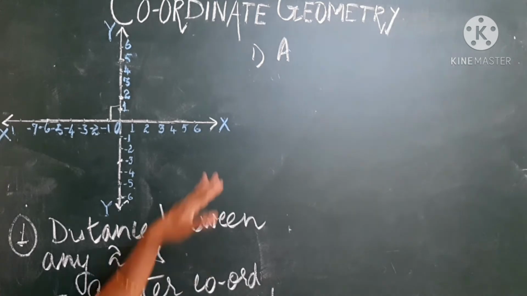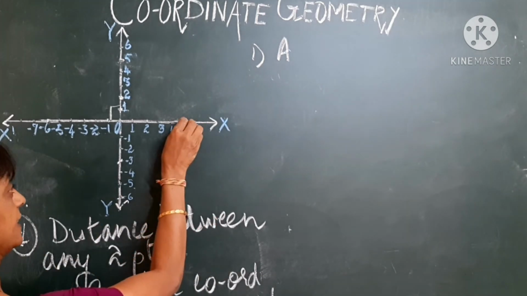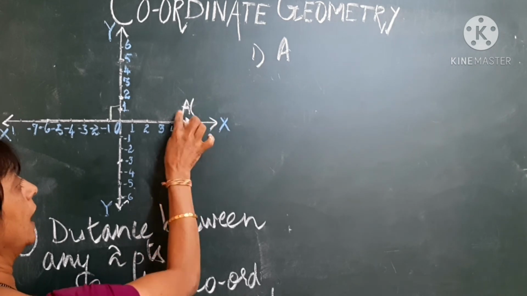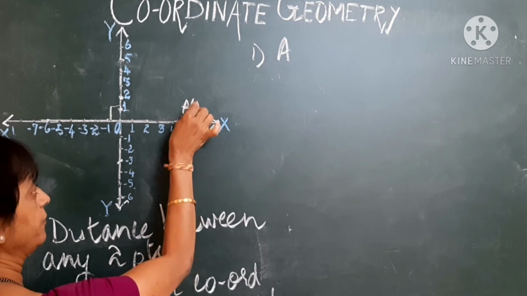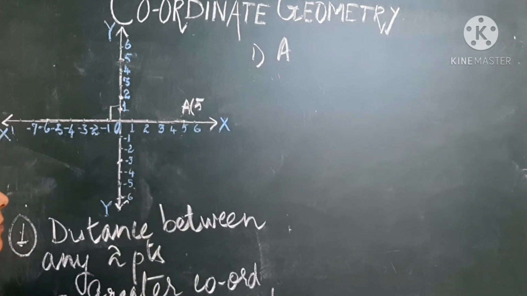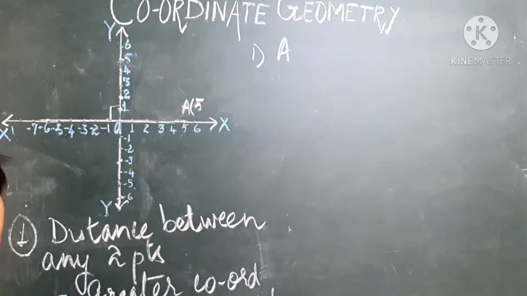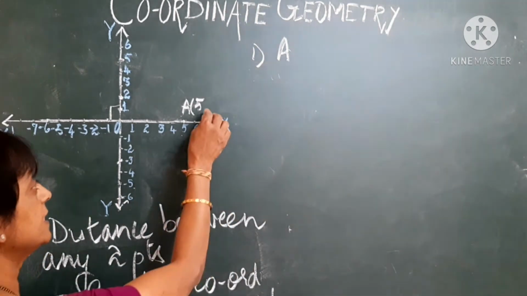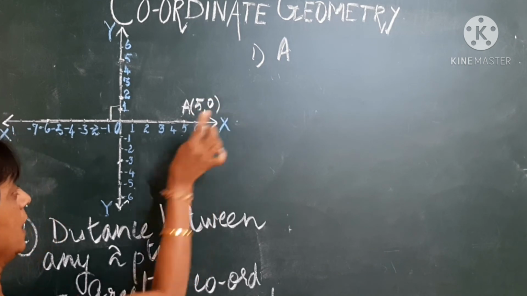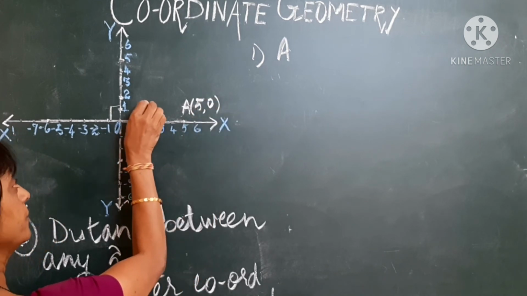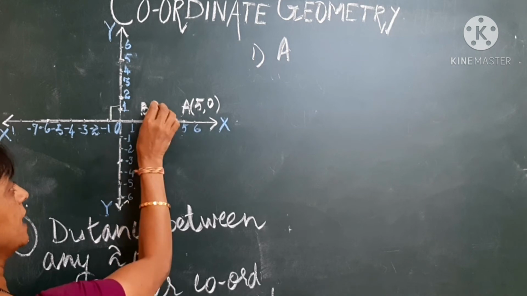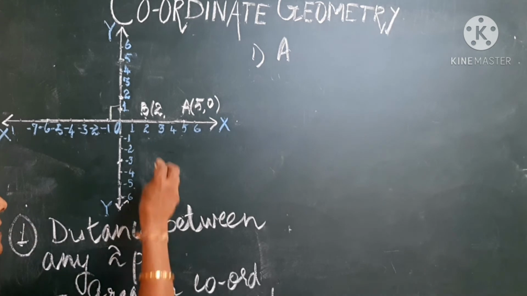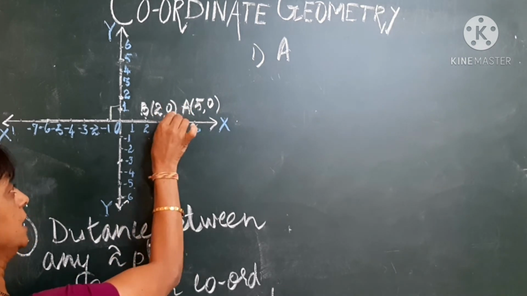Now, to look into detail, if I take a point A where it is positioned on the x-axis, at the point 5, and as we already know, any point lying on the x-axis, its y-coordinate is always 0. And you take any other point B, whose coordinates are 2, and as the point is lying on the x-axis, its y-coordinate is 0.